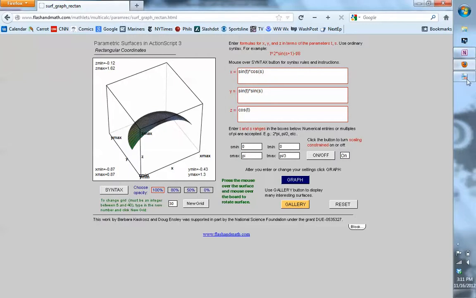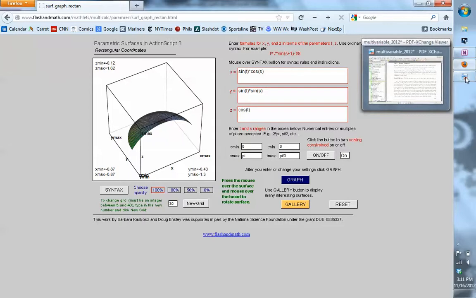Let me show you another surface, and this will lead us into the next and final topic. What I'd like to do is build an integral that represents surface area. Now, you've already done a little bit of this in the case where z is equal to f of x,y. Remember that square root of f sub x squared plus f sub y squared plus 1 thing, and then you would integrate it and hope for the best. That is a special case of what you're going to see here.